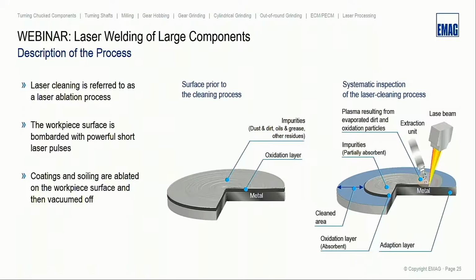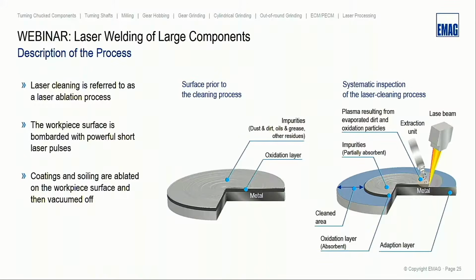So first of all, how does the laser cleaning process work? From the technical standpoint, this is referred to as a so-called laser ablation process, and we make sure that at the end, for example, there could be an anti-corrosion surface like a liquid, like oil or something like this, and this has to be removed.